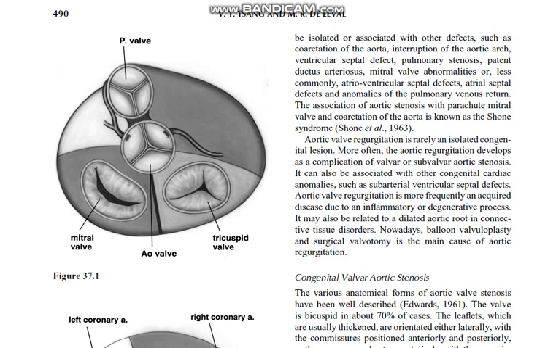Aortic valve regurgitation is more frequently an acquired disease due to an inflammatory or degenerative process. It may also be related to a dilated aortic root in connective tissue disorders. Nowadays, balloon valvuloplasty and surgical valvulotomy are the main causes of aortic regurgitation.